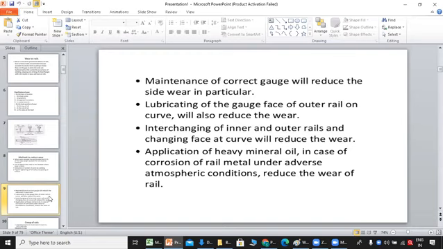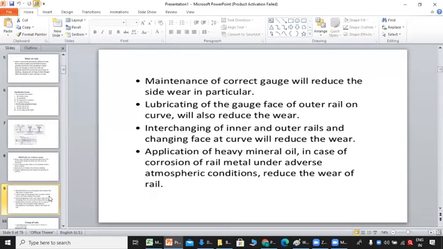Correct gauge, ठीक है, maintenance of correct gauge, it may be broad gauge, meter gauge, or narrow gauge, whatever gauge, but if the alignment is disturbed, okay, then obviously the chances of wear is more. Okay, if the alignment is in correct position, then we can easily minimize the wear.